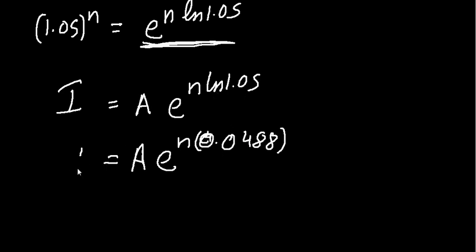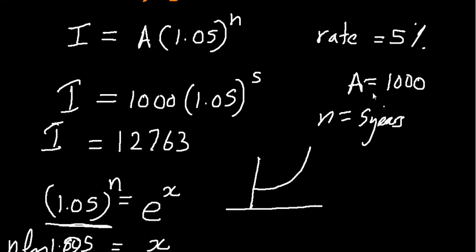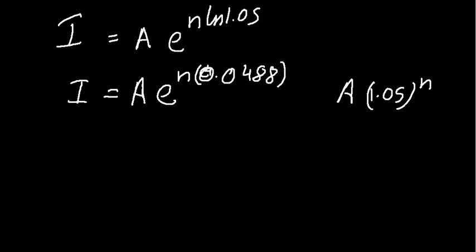Now this formula is exactly the same as this. If you want to test it, let's put 5 for n and our investment being 1,000 pounds. Let's substitute these same values in and see whether we're getting the same answer.